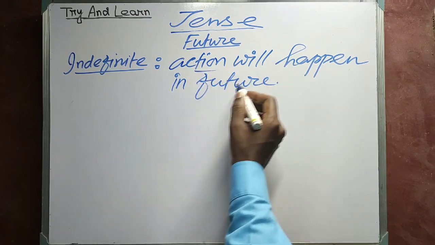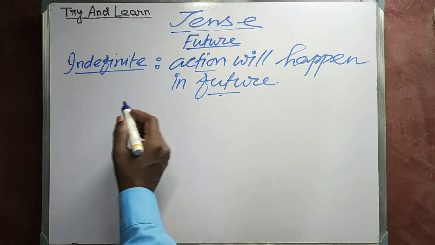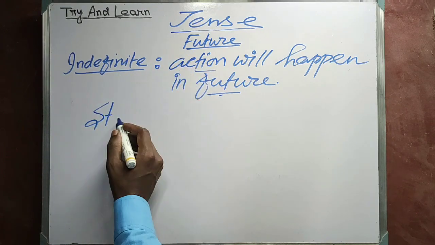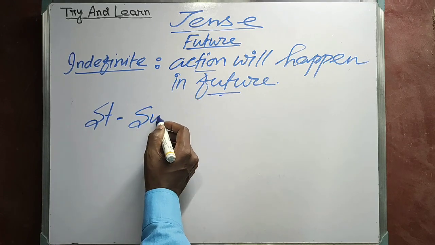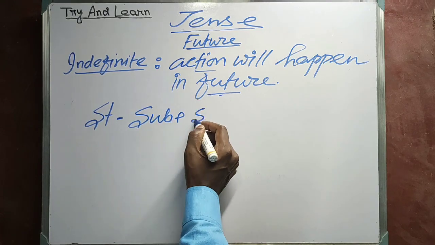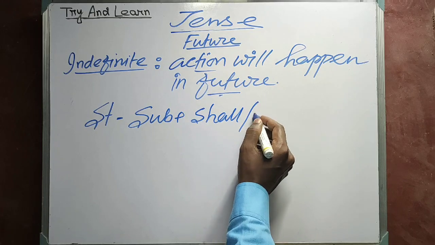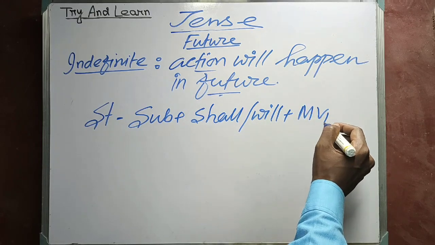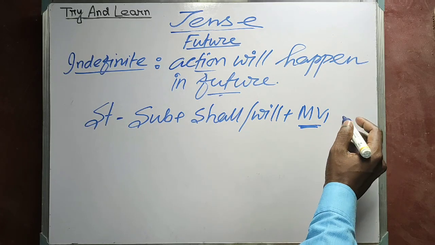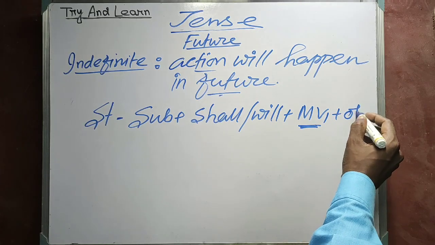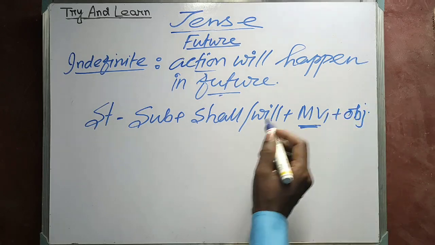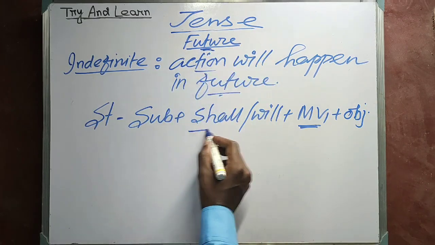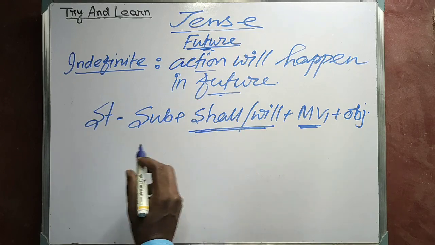The structure of a sentence in future indefinite is subject plus shall or will plus MV1, which means the root form or the present form of the main verb, plus object or complement. And remember, in every kind of future tense, shall or will is a must.